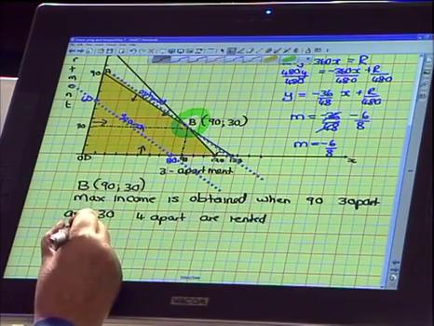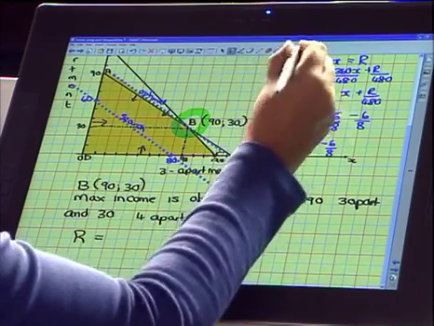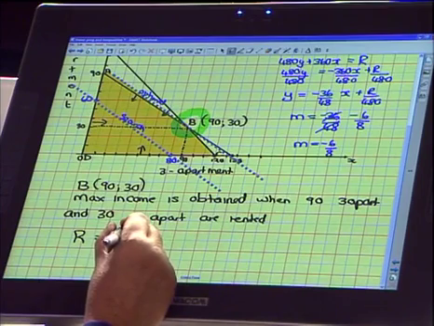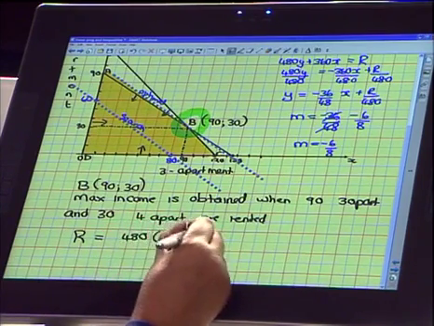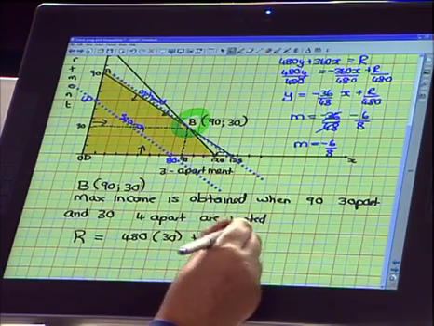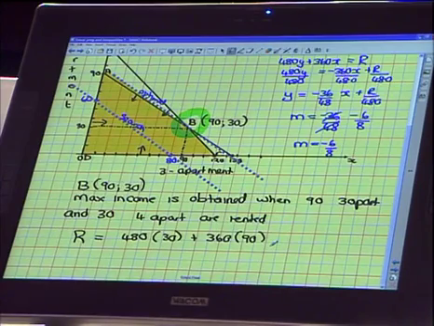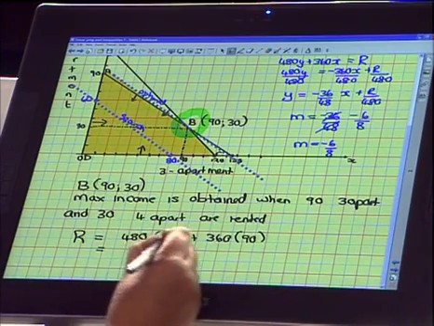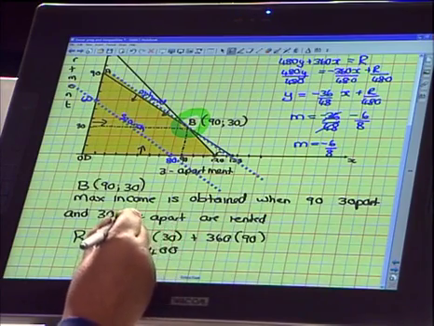And if we want to know what the maximum will be, or what the income will be, we would go back to this top equation and we would say, right, it's 480 times 30 plus 360 times 90. And we would work that out and we get an answer, and that would be it. Okay, well, let's just do it since we are here. It's 0, 0, 3. That's going to be 4, carry the 2.